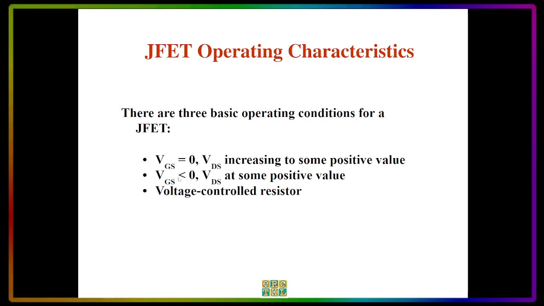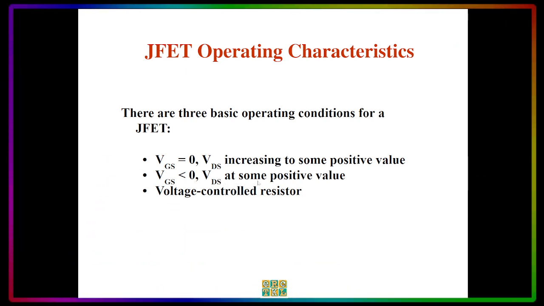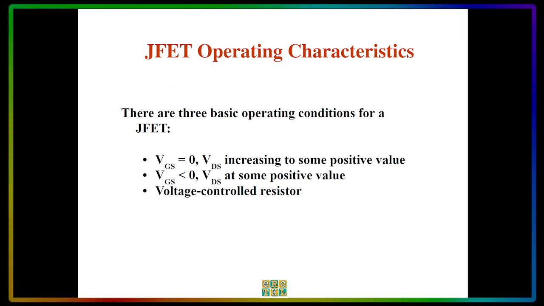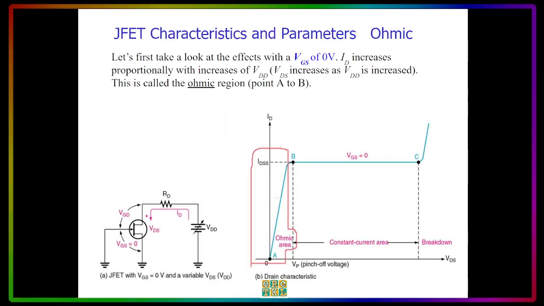Now, when the VGS is less than 0, the VDS will be at some positive value. And the third case is that we are controlling the voltage, or we say the voltage controlled resistor situation for our JFET.